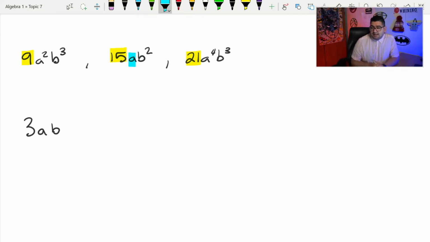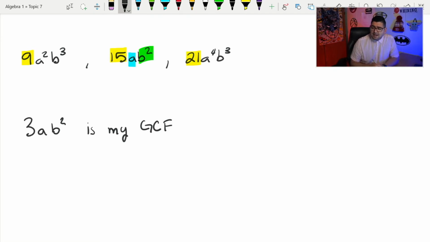So I'm going to leave my a like that. I don't need to write an exponent since it's just 1. B's, what's the smallest b? Well, the smallest b is this one, b squared. The other two terms have a b raised to the power of 3. So I'm actually going to put b squared. And 3ab squared is my greatest common factor. And voila!